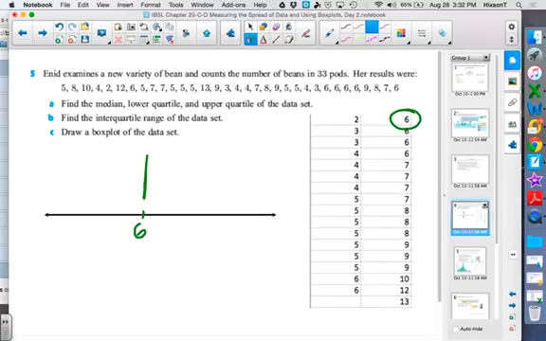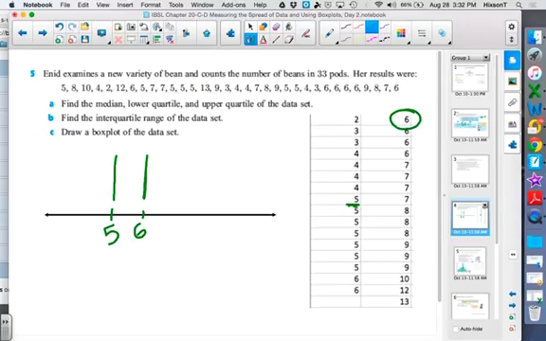There's 16 values here. Be on the 8th and 9th value averaged together. Yeah, halfway between the 8th and 9th. So 2, 4, 6, 8. So halfway between 5 and 5 is 5. Okay? So we put that there.